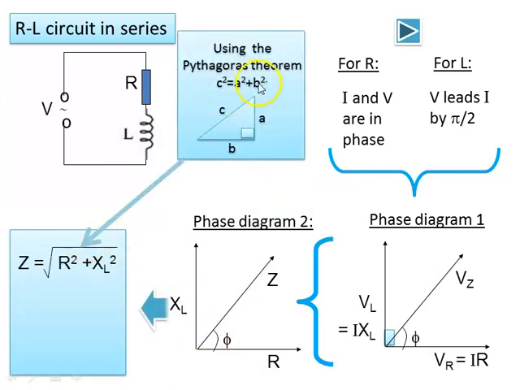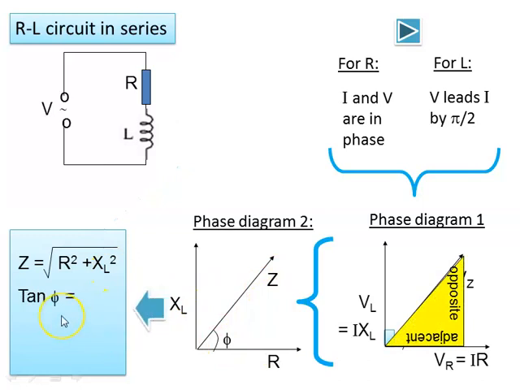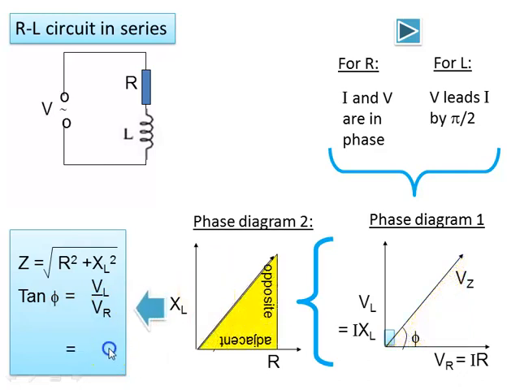So using Pythagoras theorem, the equation is impedance Z equals the square root of R squared plus XL squared. And the phase angle using tangent psi equals VL per VR. And for the second phase diagram, we can use XL per R.